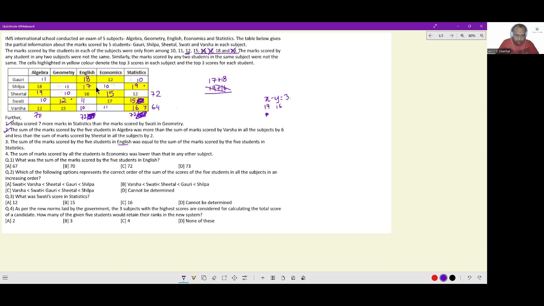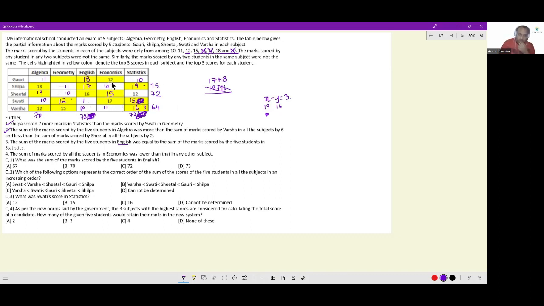Now, Shilpa's row I'm looking at. Shilpa's row will add up to how much? 18 plus 11, 29, 29 plus 17, 46, 46 plus 10, 56, 56 plus 19 is 75.